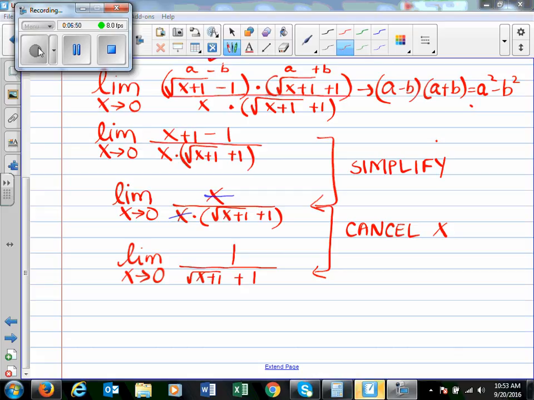So now, again, each time we check what happens when I plug in x, the limit as x equals 0. So what happens here when I plug in x as 0? If you look at this, apply the limit.